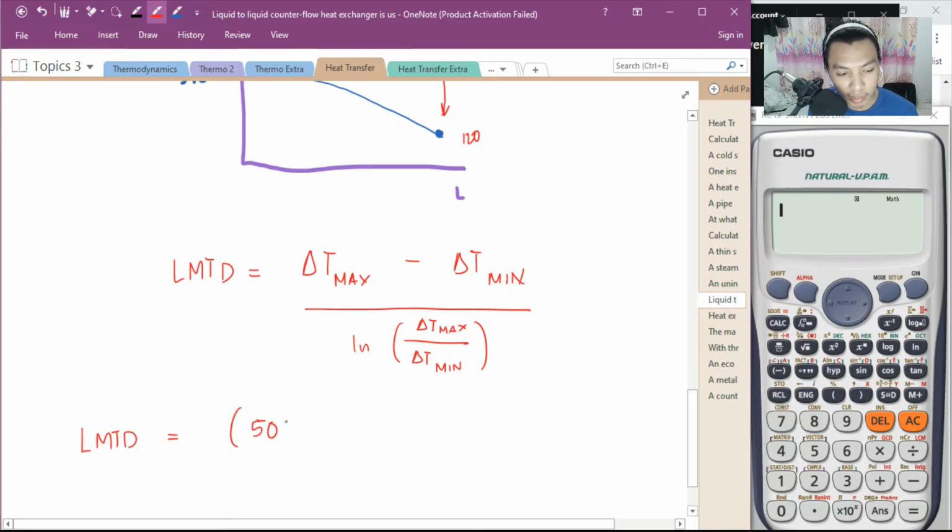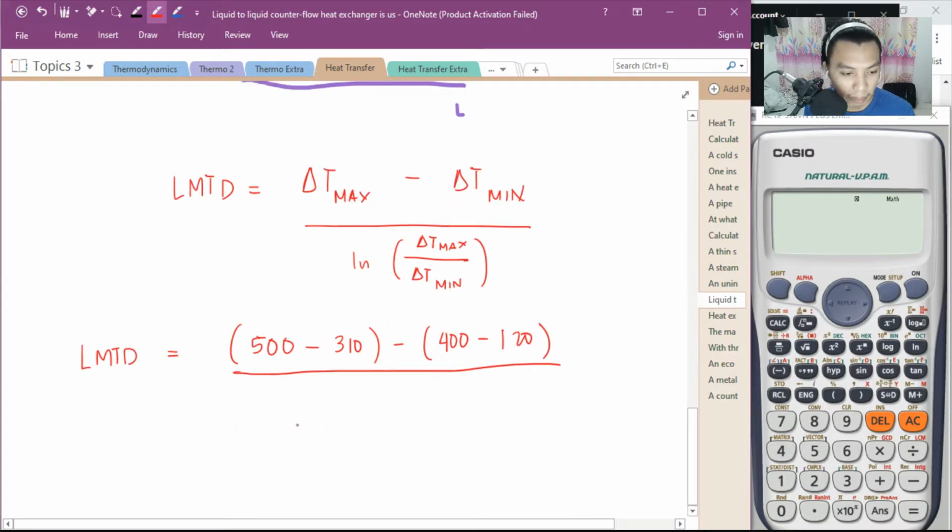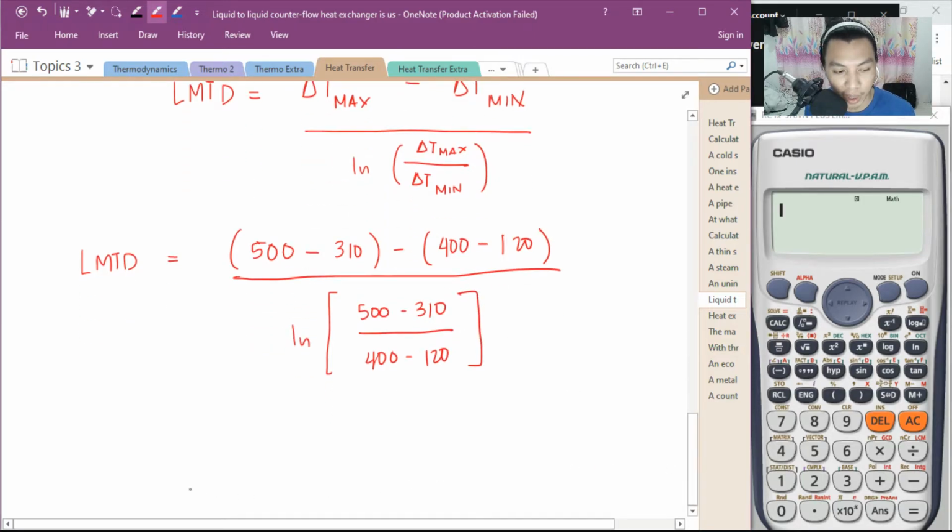Doon ka magsimula. Pwede na yun. 500 minus 310 minus 400 minus 120. 120 ba yun? Oh, 120 nga. Divided by ln, natural logarithm of delta T max, that is 500 minus 310 divided by 400 minus 120.